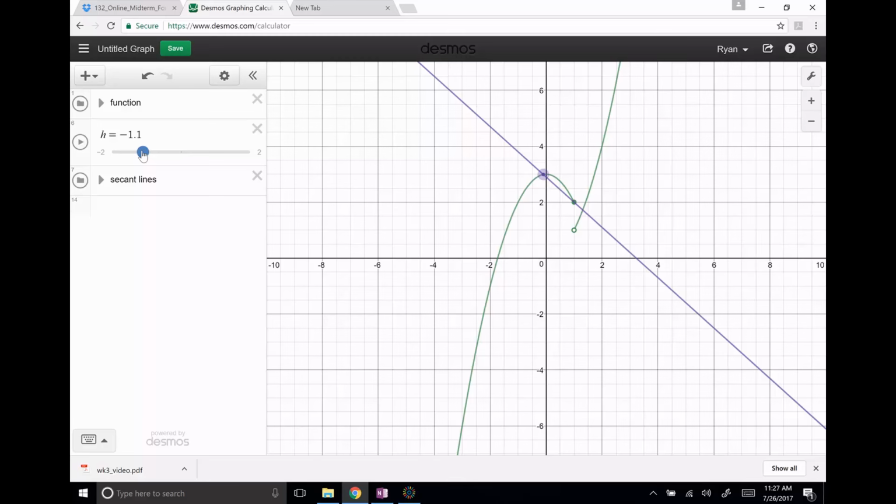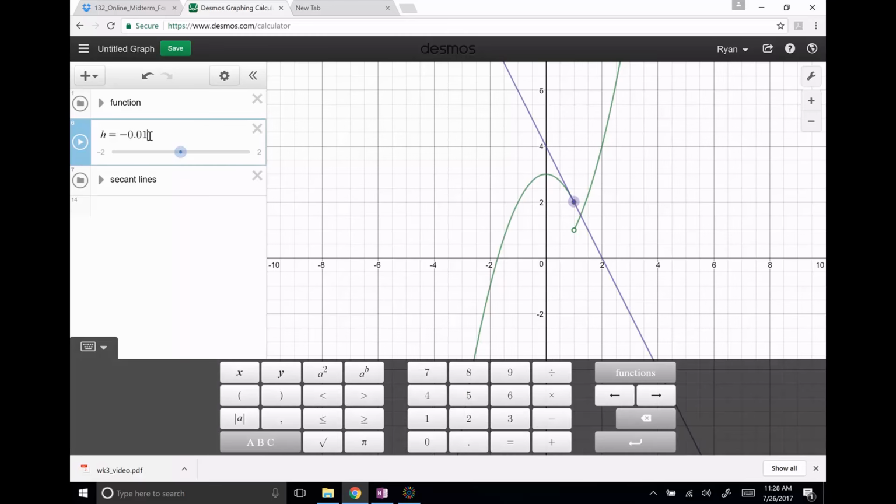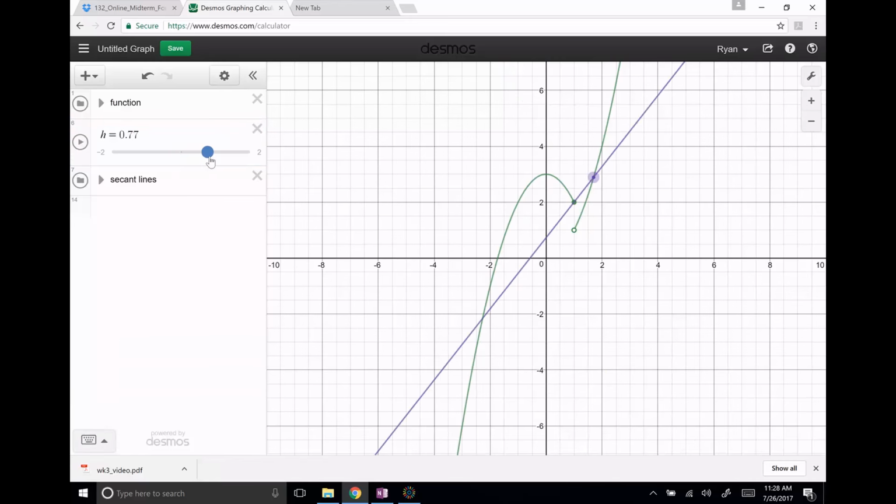So if h goes to 0 from the left, we can see that we're getting closer and closer to the value 1. And as you get closer and closer, let's even do very, very small, negative 0.01 or something like this, you can see that this slope is negative. Now, on the other side, let's look as we approach 0 from the right. Look at what's happening.